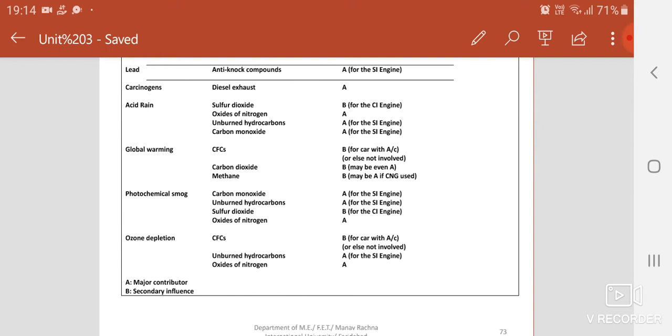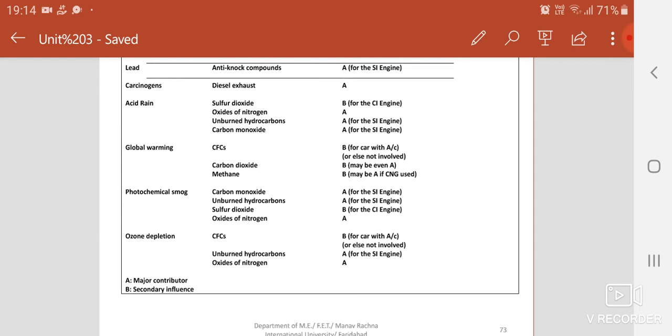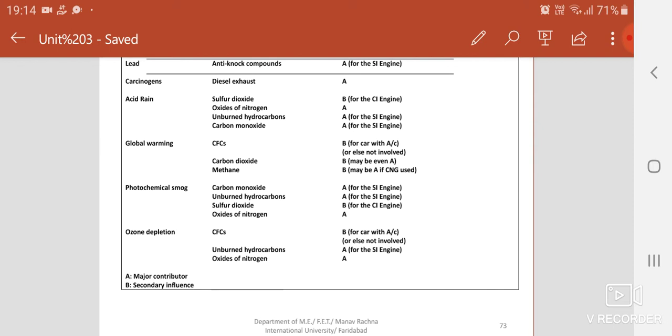The ozone layer at the top of the environment saves us from the ultraviolet ray. It doesn't allow ultraviolet ray of the sun to enter into the earth's surface. As a result, we human beings are well protected. But when CFCs react with the ozone layer, the ozone layer breaks. The breakage happens as a result of production of oxygen, and the ultraviolet ray enters inside.